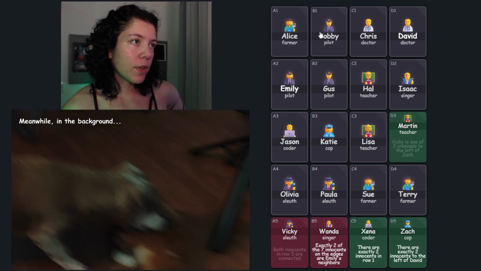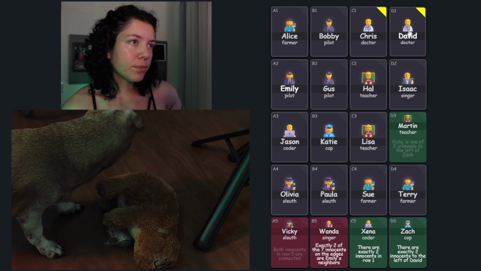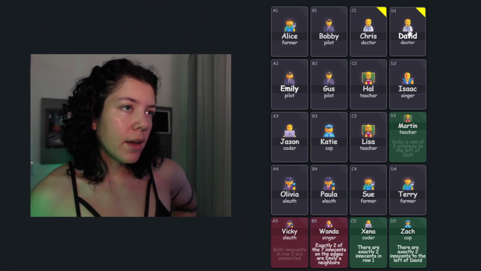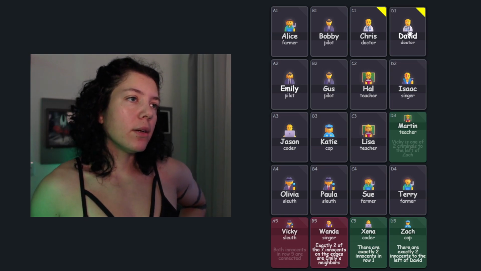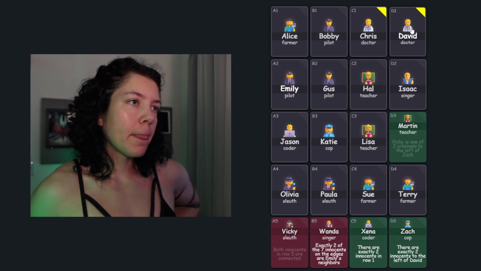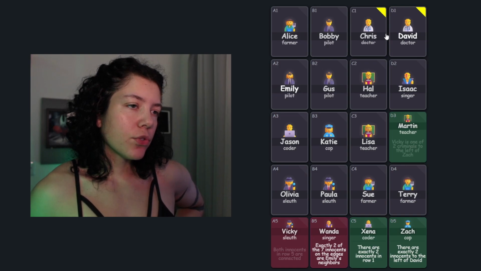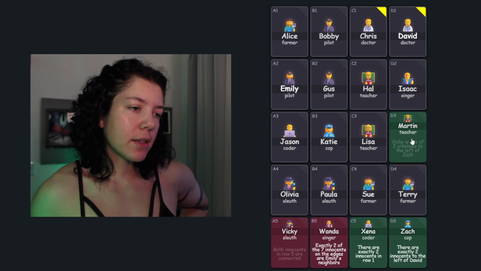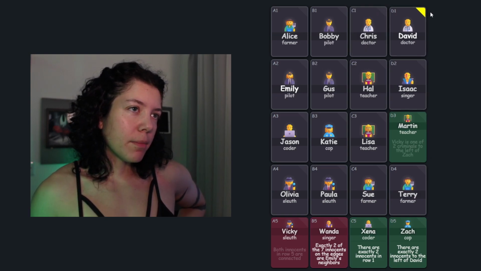So if both of them are innocent, then Chris and David are criminal. And most importantly, we know that row 1 contributes 2 people to the total 7 that are innocent on the edges. So that clue doesn't help us that much as well.